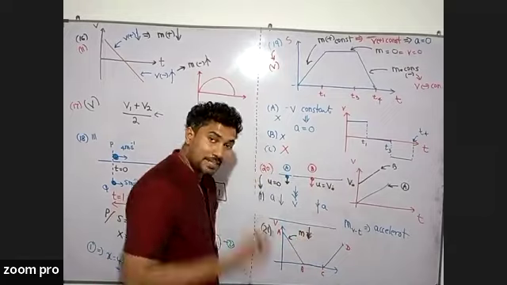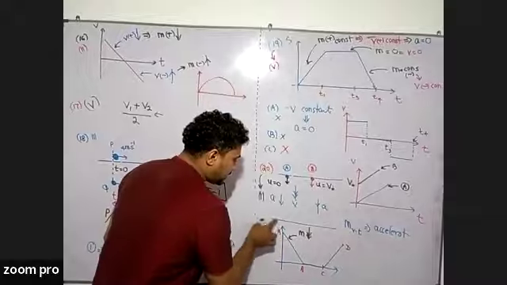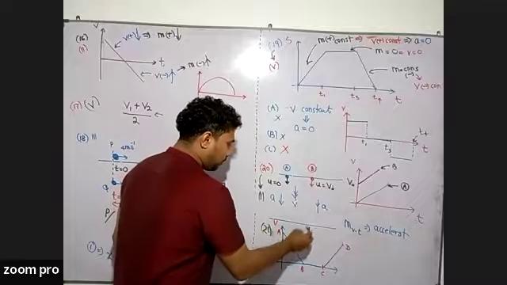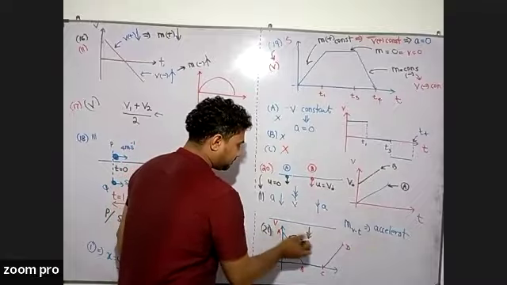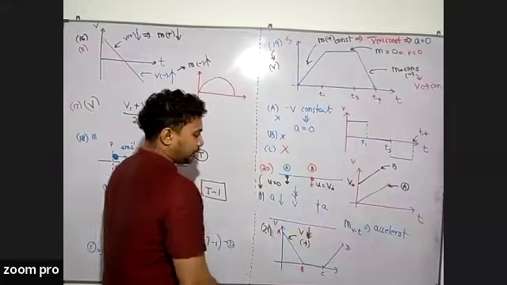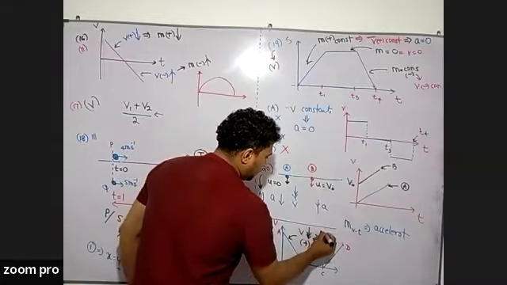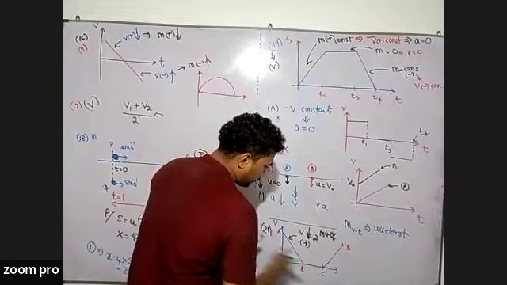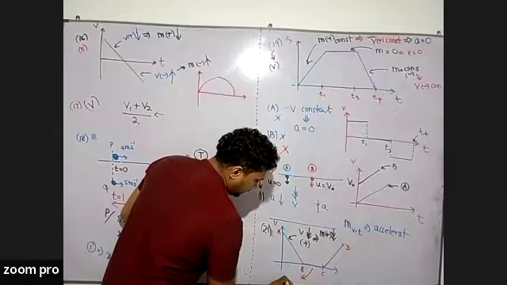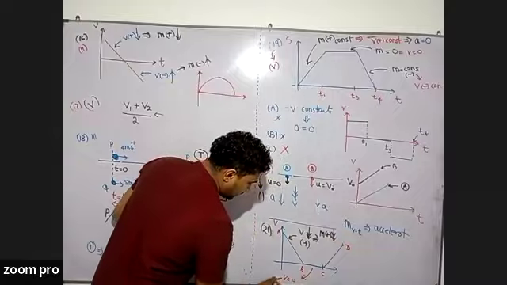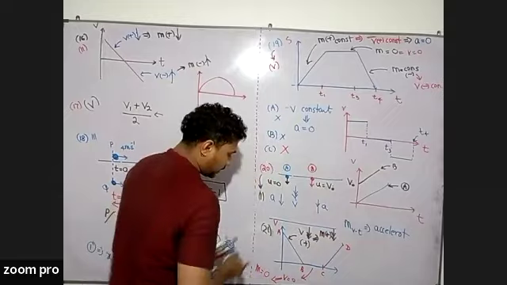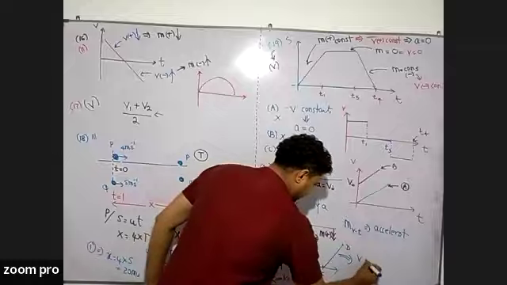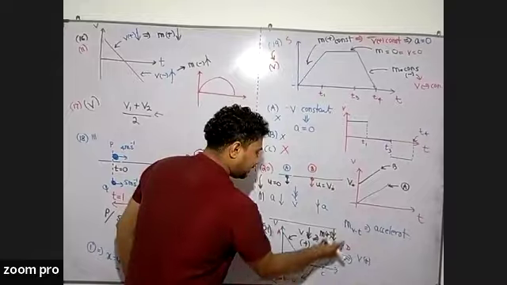Velocity is obviously reduced, but the velocity is on the positive axis, so that means the gradient is positive, but it is reduced. So the gradient also should be positively decreased. From B to C, velocity is 0. That means the gradient of the ST graph is also equal to 0. In CD, the velocity is on the positive axis and it is getting increased, isn't it?